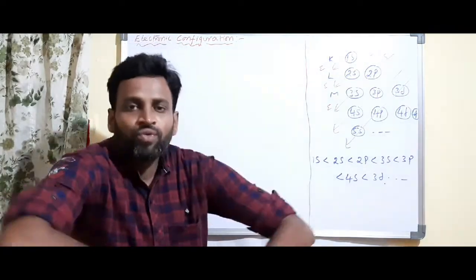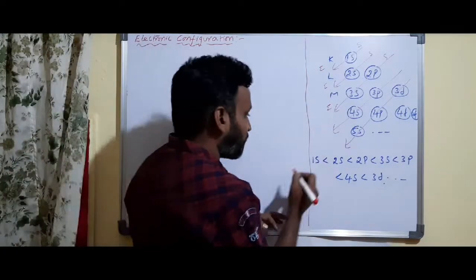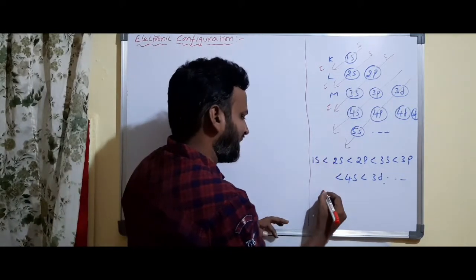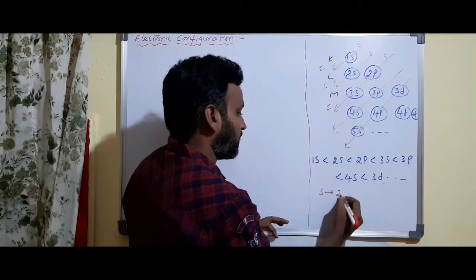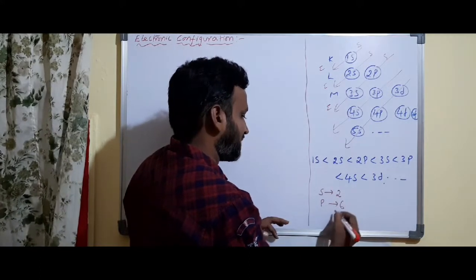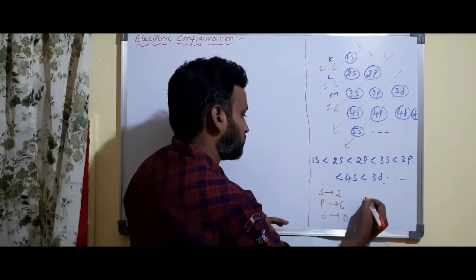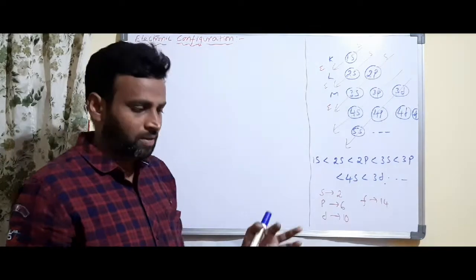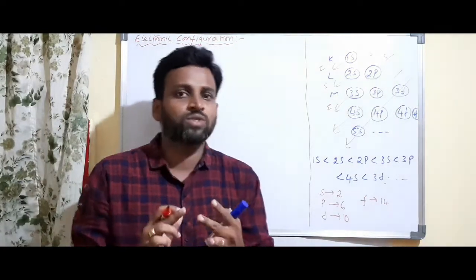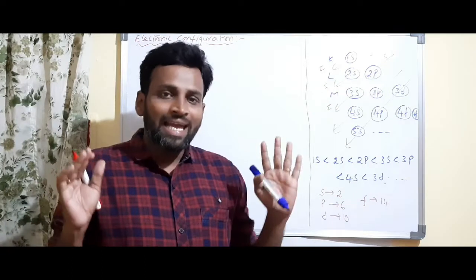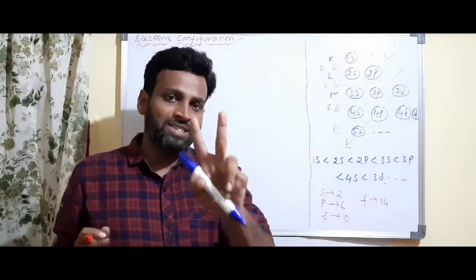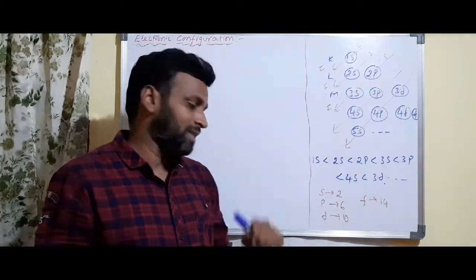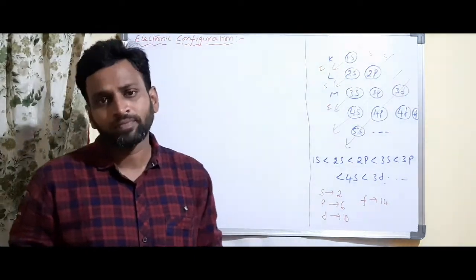Okay, from where we started, from 1s, how many electrons will be present I clearly gave you. S will take 2 electrons, P will take 6 electrons, D will take 10 electrons, and F will take 14 electrons. Any s subshell, whether 1s, 2s, 3s, 4s, whatever, will have a maximum of 2 electrons, and any p subshell can have 6 electrons.